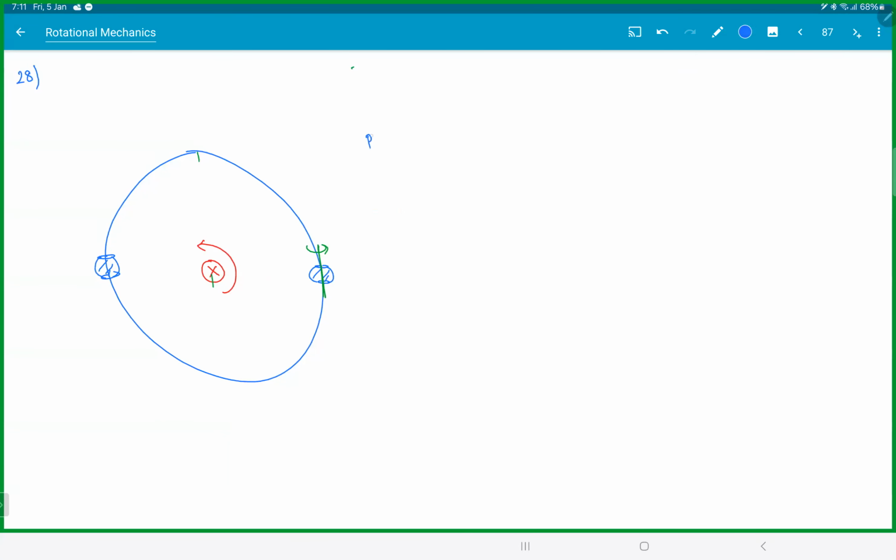The axis of rotation of the beads is perpendicular to the axis of rotation of the whole system.